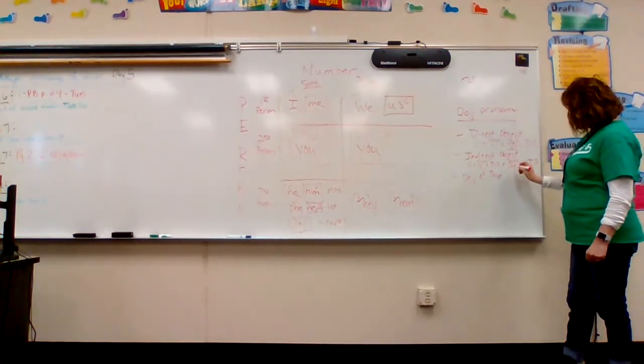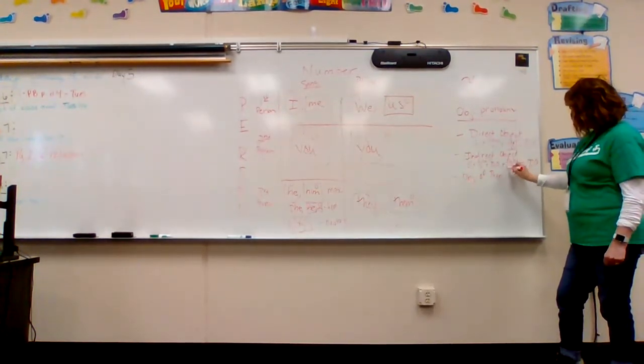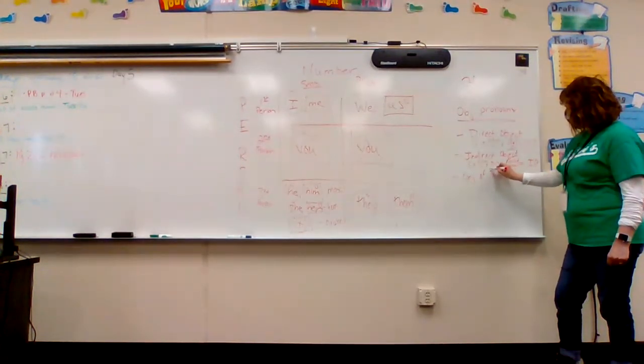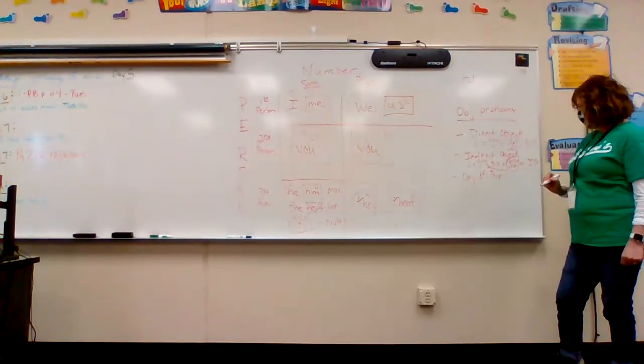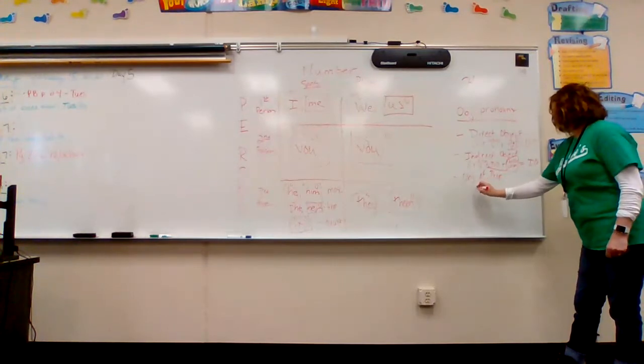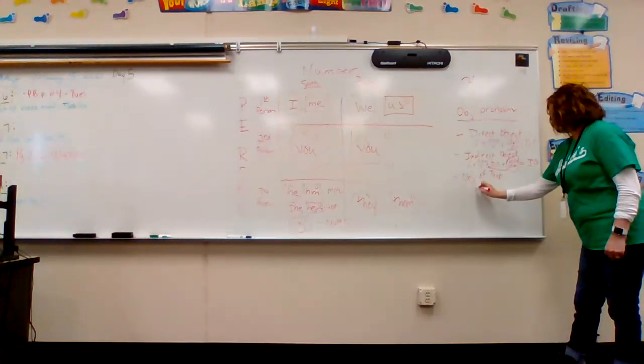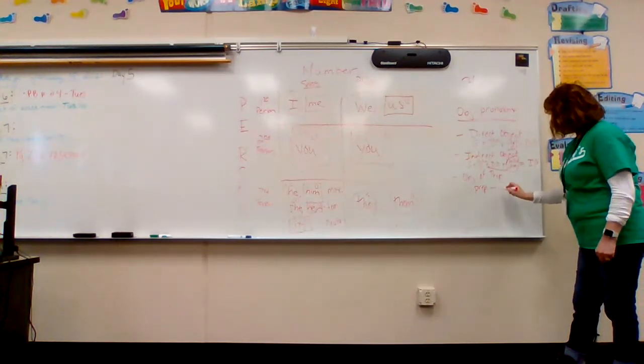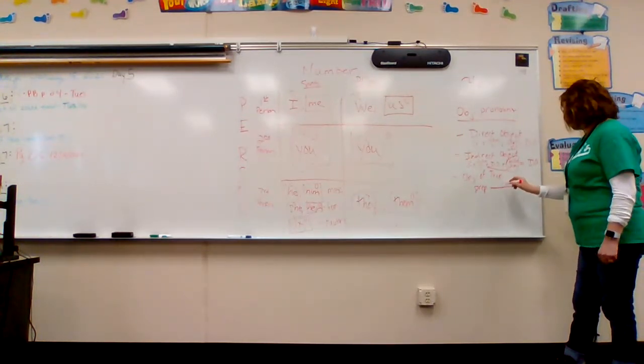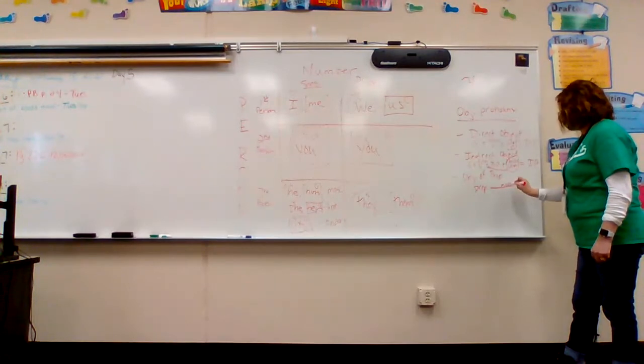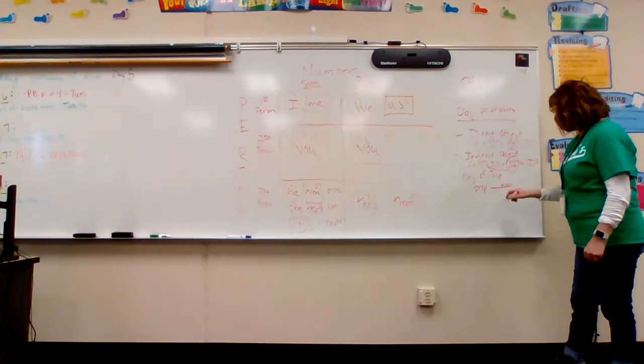And remember, this comes in between the verb and the direct object. For an object of a preposition, it would be preposition, and then your noun. Okay, that's an object of a preposition.